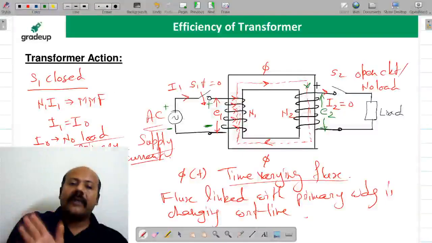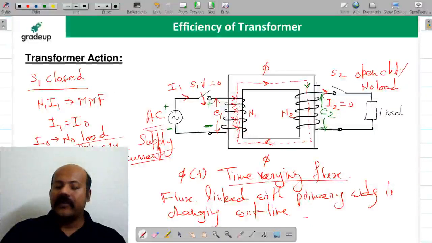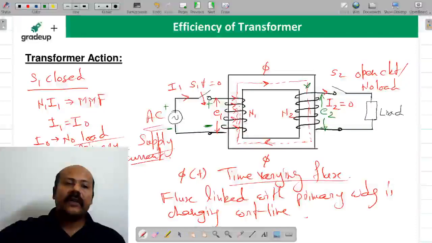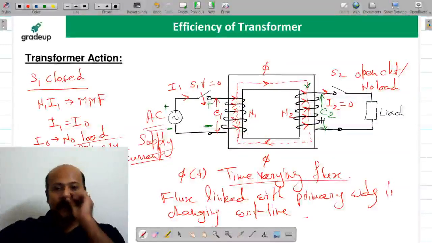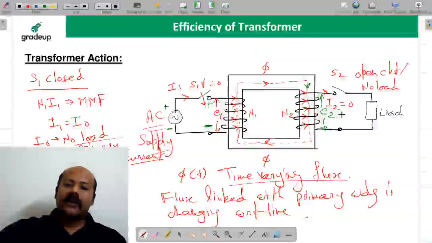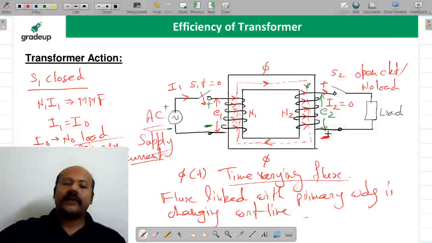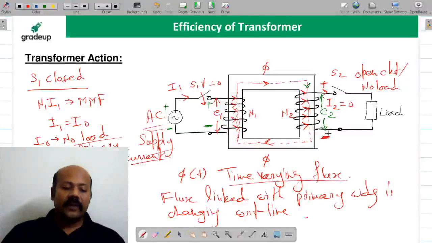Yes or no? Apply the right hand rule. What should be the direction of current? The direction of current is going to be this direction. Yes or no? Are you getting this? So definitely E2 is going to be having this polarity. I hope you are comfortable with this understanding.